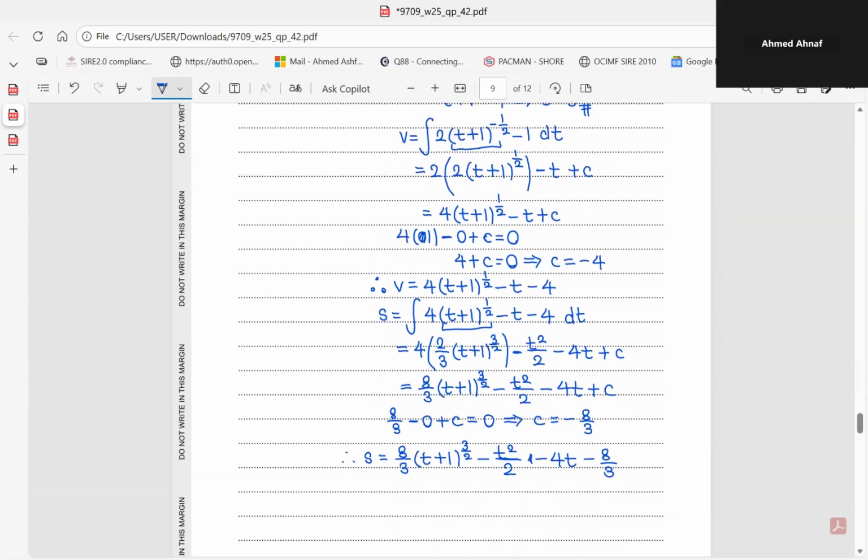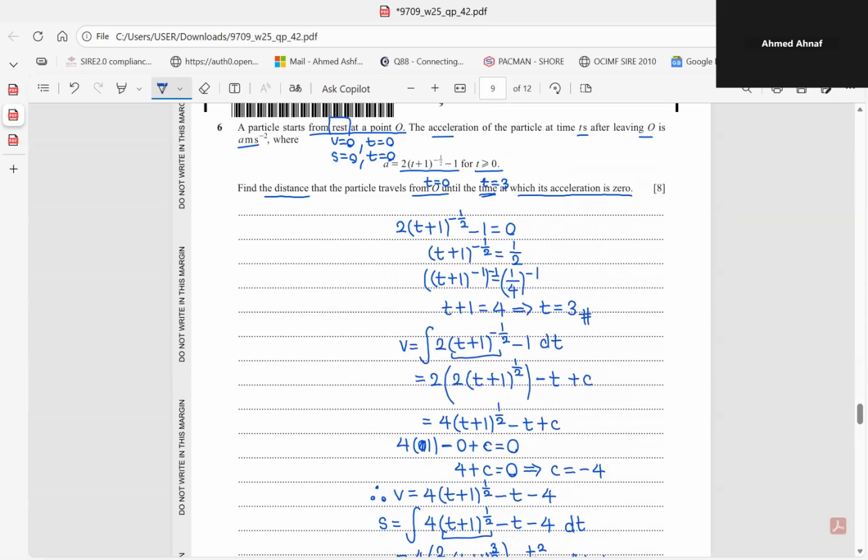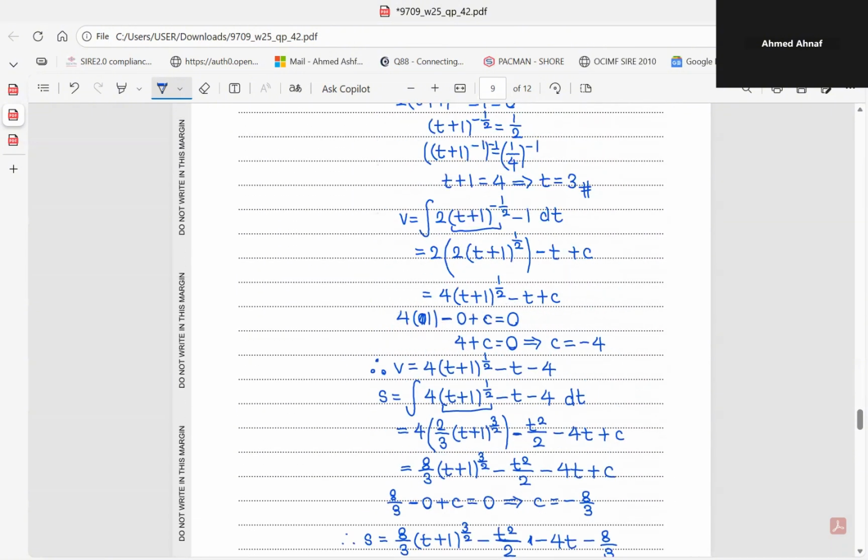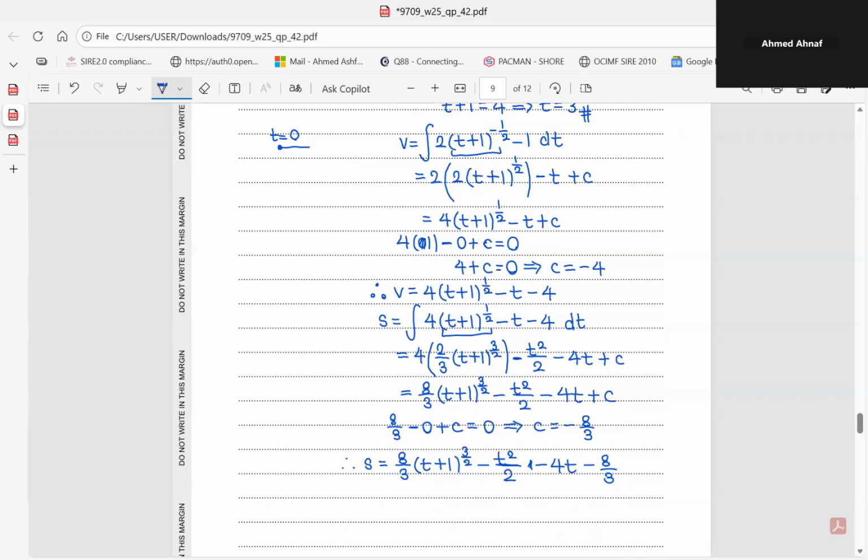So now we're going to sketch a diagram. This is the displacement at t equals 0. Now let's do it for t equals 1.